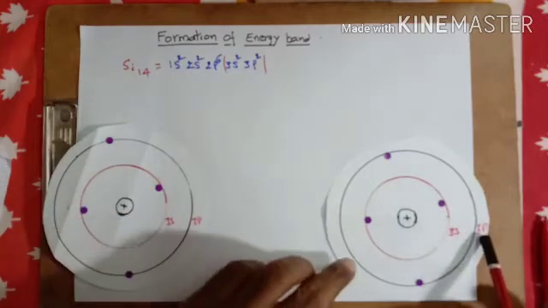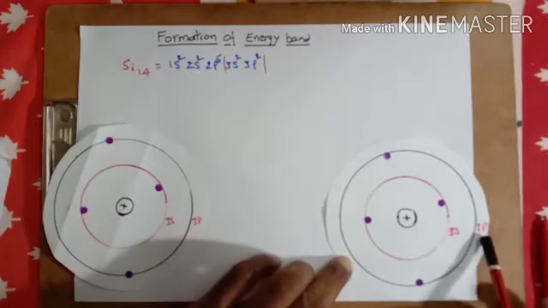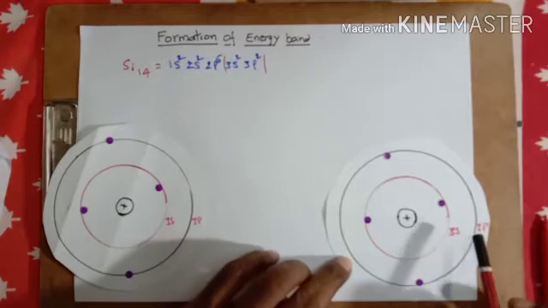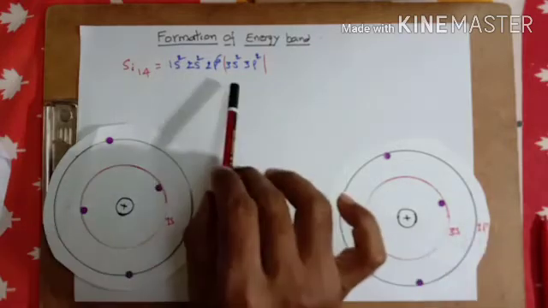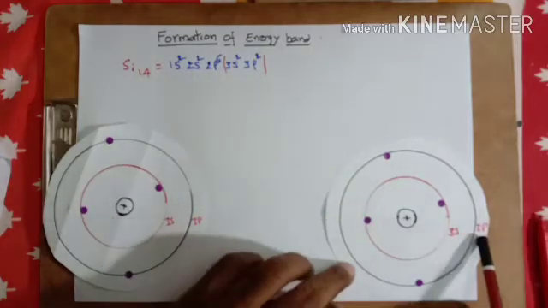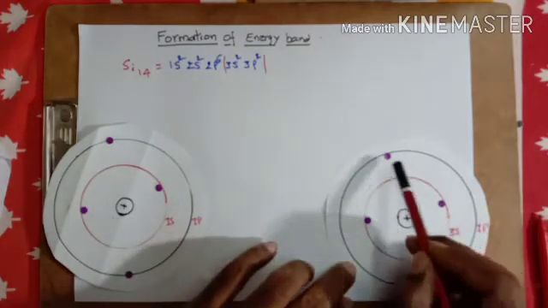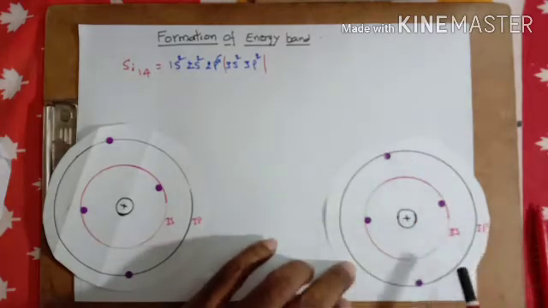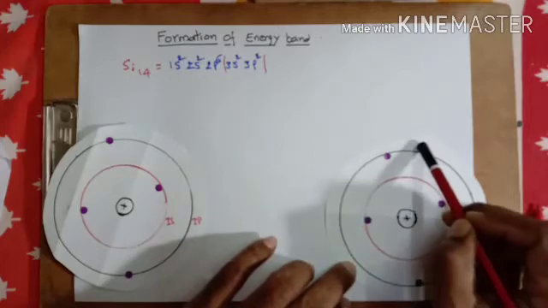There are 6 states in the p orbital. That means 6 electrons can occupy p and 2 electrons in the s orbital. That you know, right? But here, for the case of silicon, p is only filled with 2 electrons. So there are 6 states at this energy level, closely spaced, but only 2 electrons occupy 2 states. 4 states are unfilled.